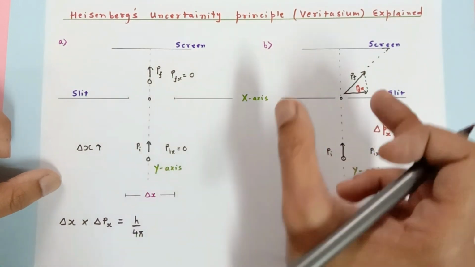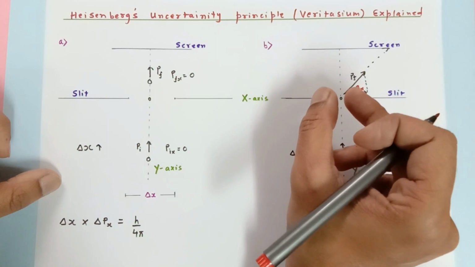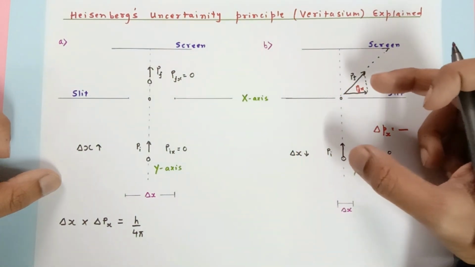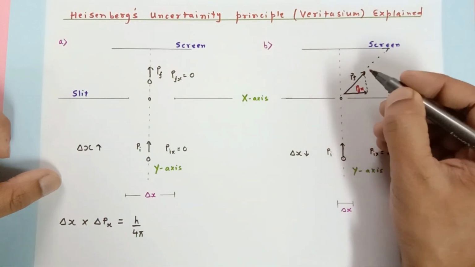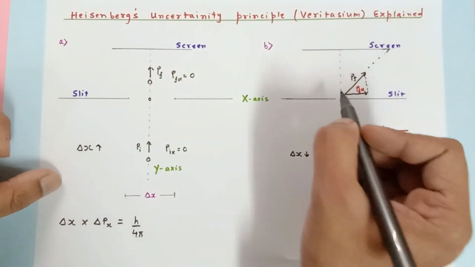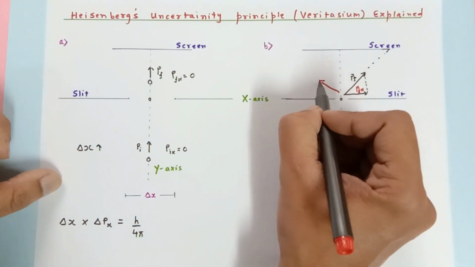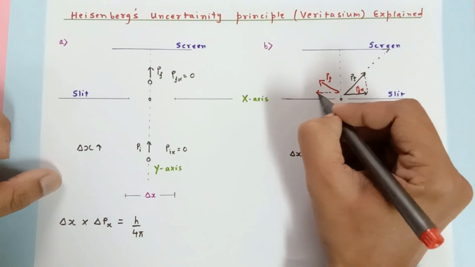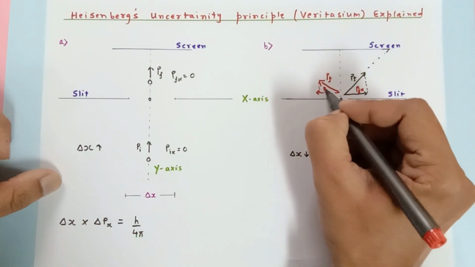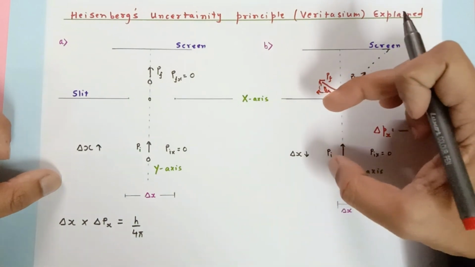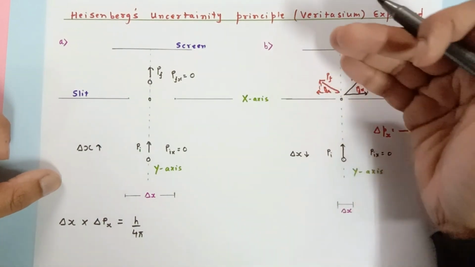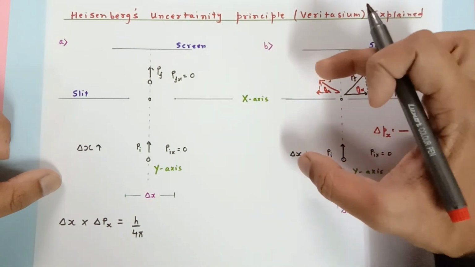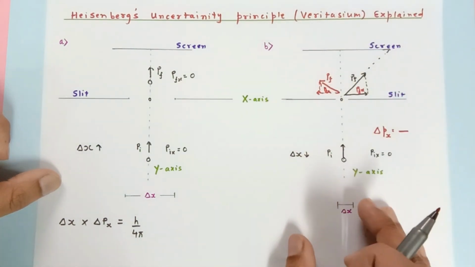So if you try to reduce delta x, delta px has to increase, and in order to increase delta px, the photon has to fan out in these directions. The photon can also travel in this direction like pf, then and only then there will be some momentum along x-axis, and then momentum before and momentum after passing through the slits along x direction, there will be some difference noticed.